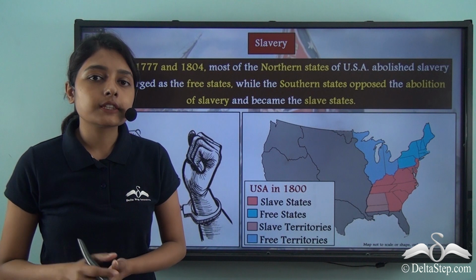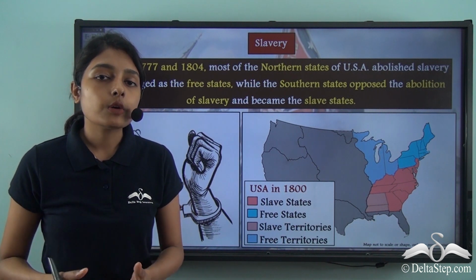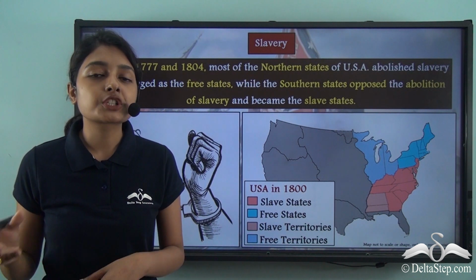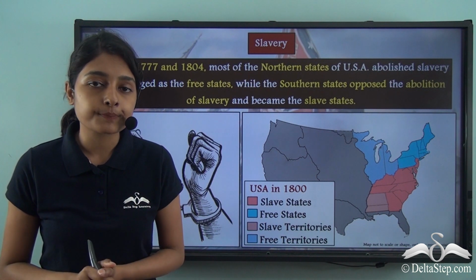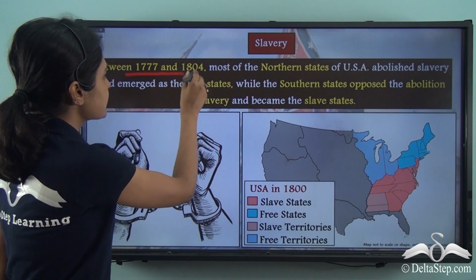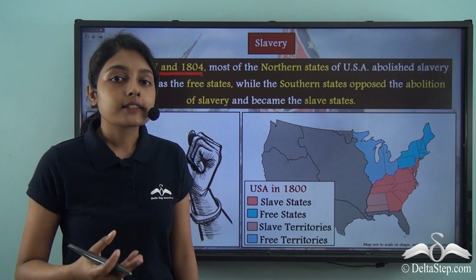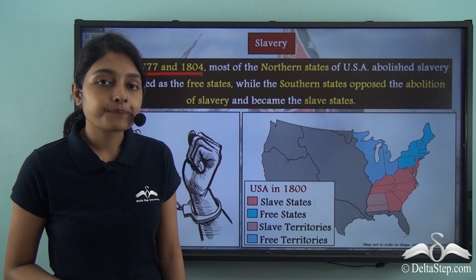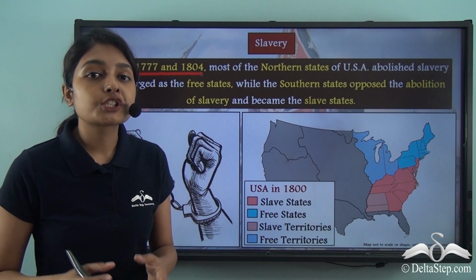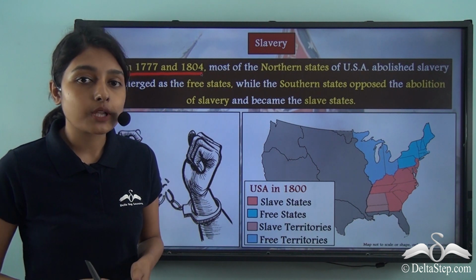Following this split between the northern and the southern states, now emerged a new movement. What this new movement was and what shape it took, we will come to later. But for now, let us understand that between 1777 and 1804, this movement came into being. This movement wanted to ban or abolish the practice of slavery altogether.